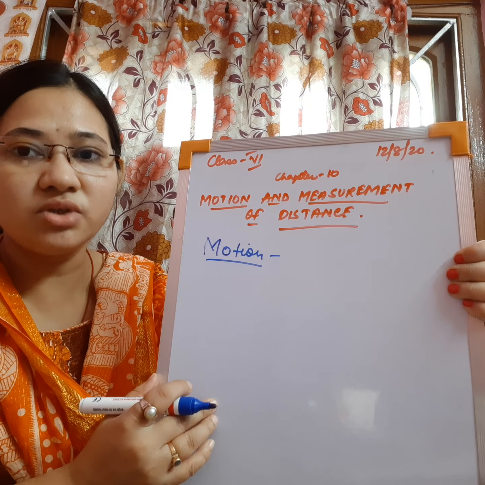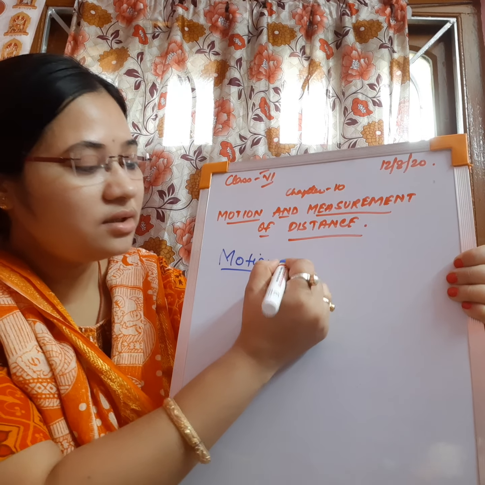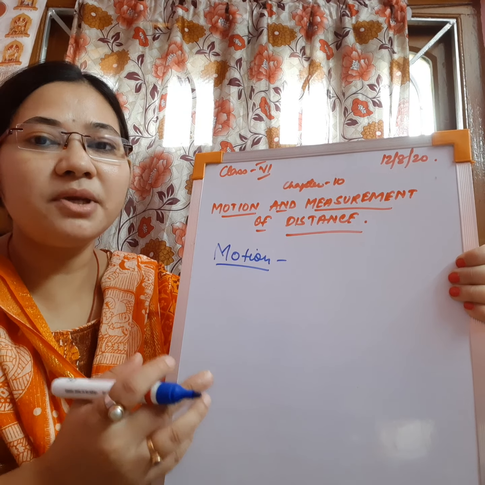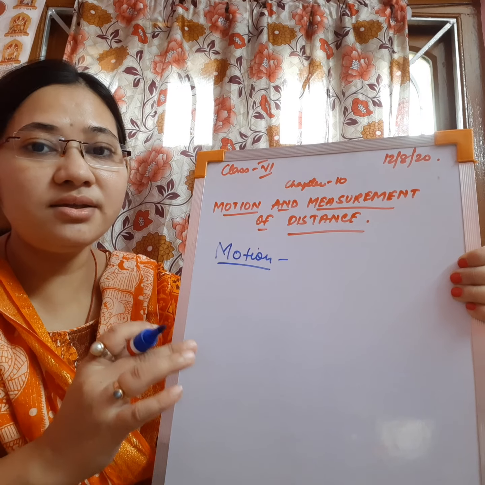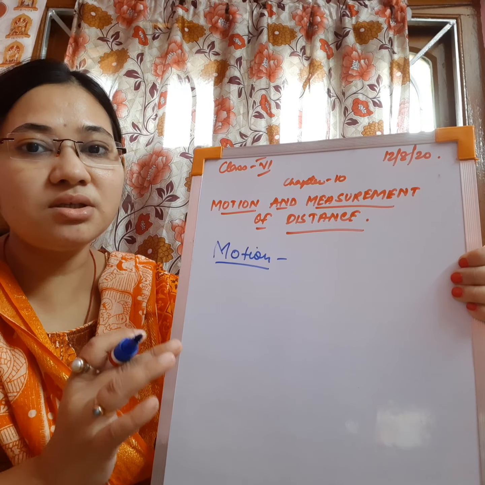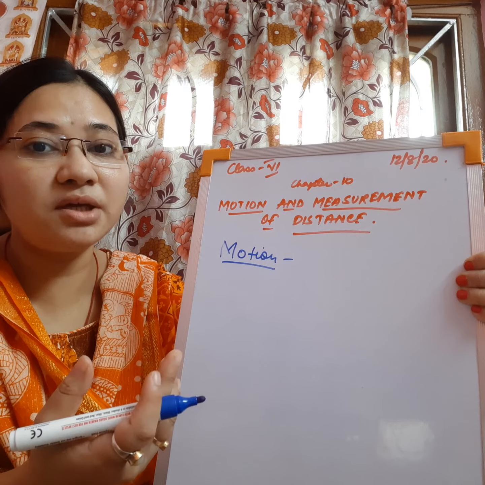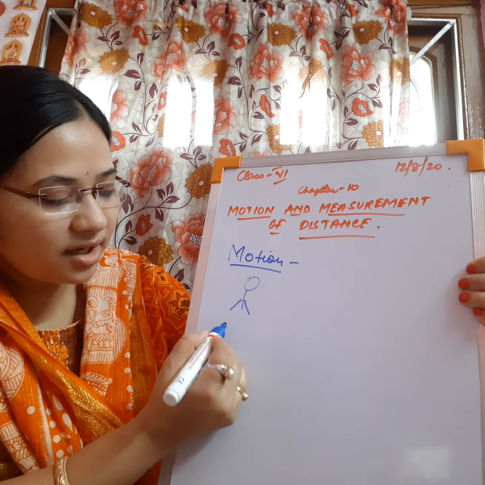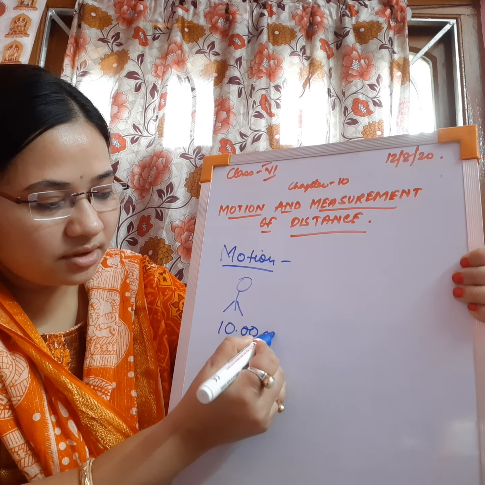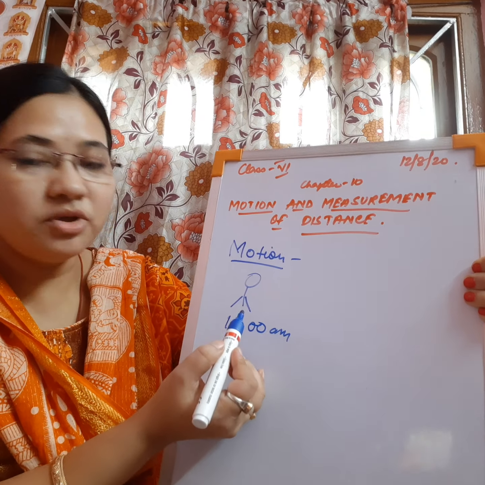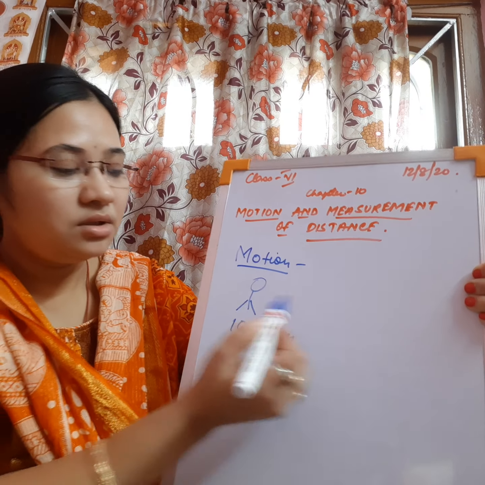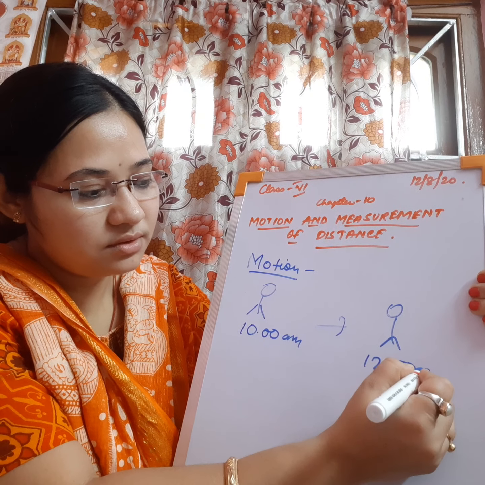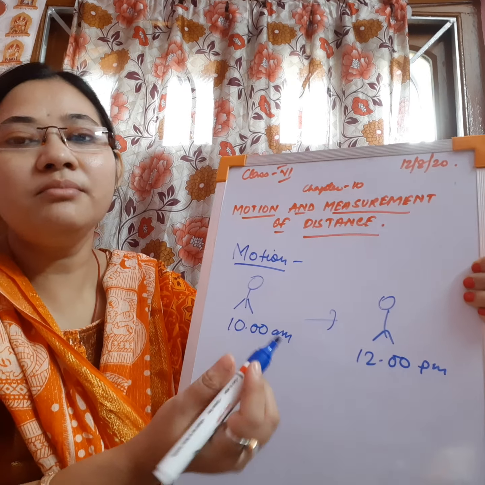When we say something is in motion, the position of that body changes with respect to time and surrounding also. For example, suppose you are standing near your home at 10 a.m. Now at 12 noon you are in the marketplace.